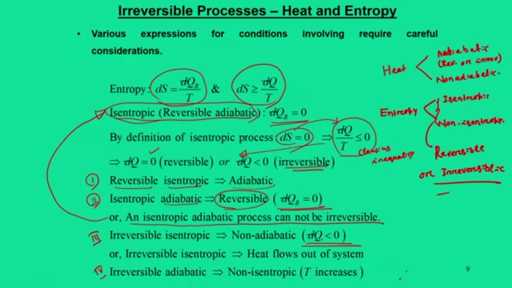From dQ we can write dS for the volume element as rho A dx Cp dT by T, because dx is constant.